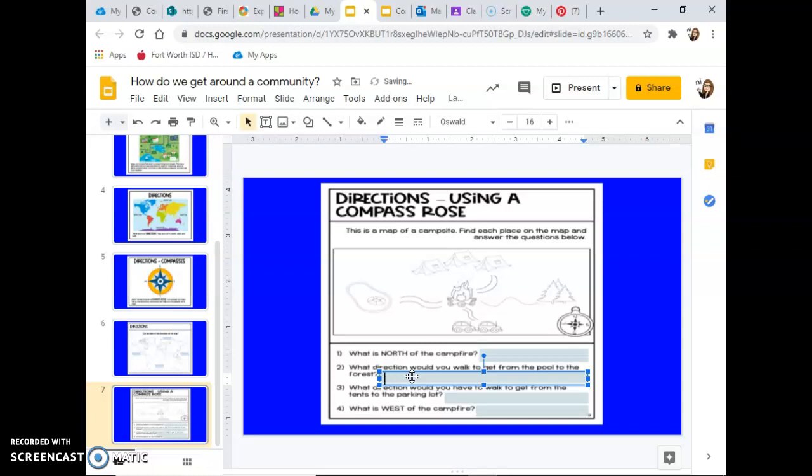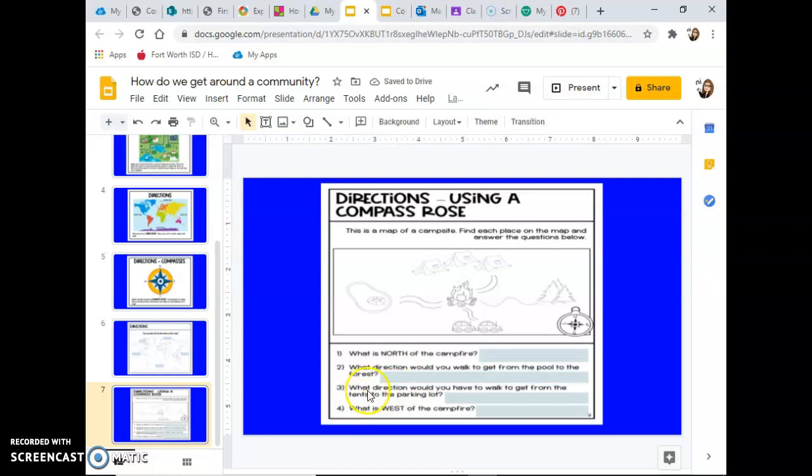You have to tell me what direction to go. Question number 3. What direction would you have to walk to get from the tents to the parking lot? So now we're starting at the tents and we want to go to the parking lot. And you have to tell me what direction is that?